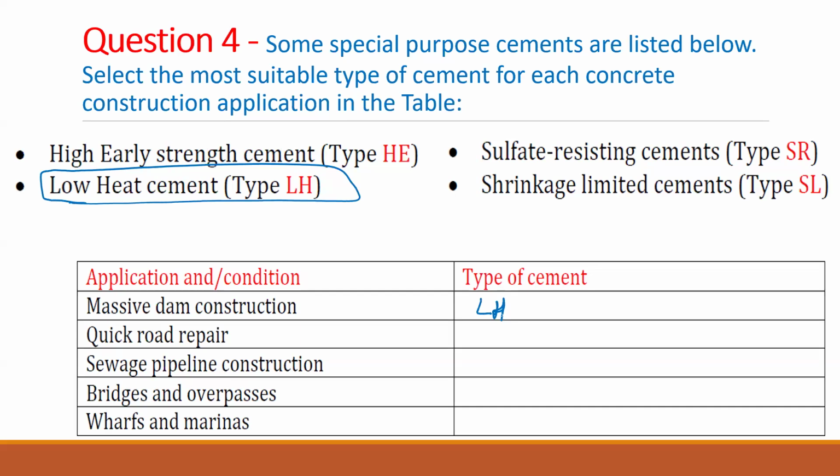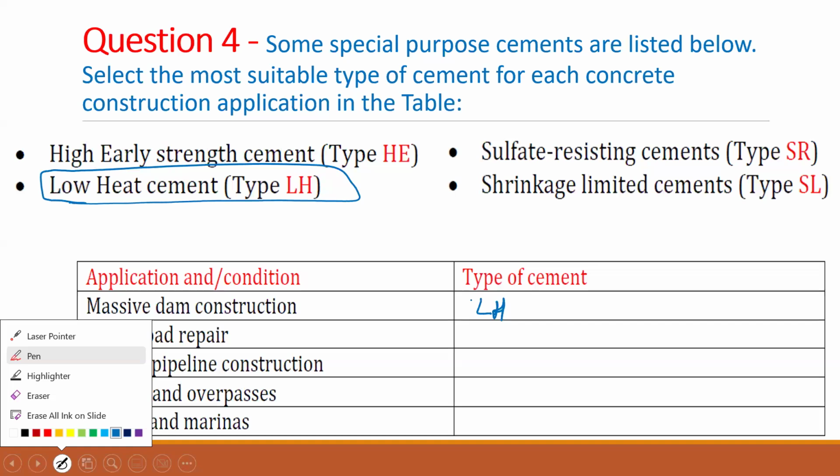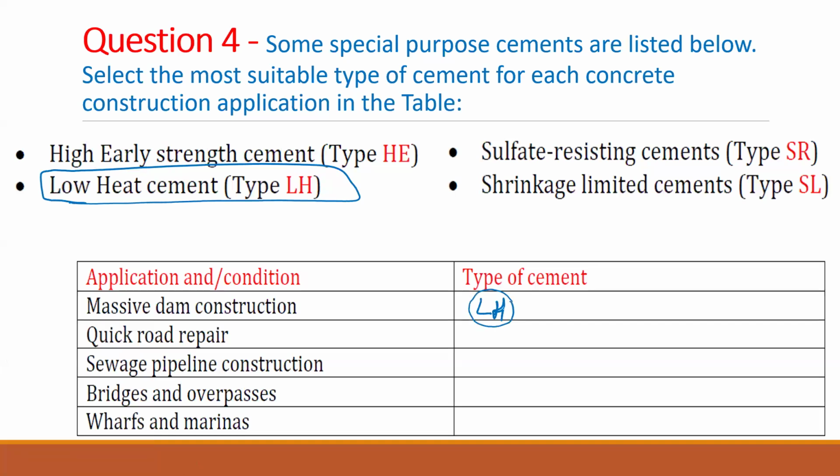The problem is the heat, thermal cracks. You have an application for shrinkage as well, I want you to find it. Do you agree with me? Here the critical part is the heat, thermal cracks, not the size. Shrinkage limited is important where we need the exact size. We don't want the shape to change.